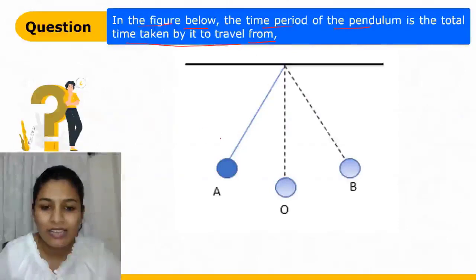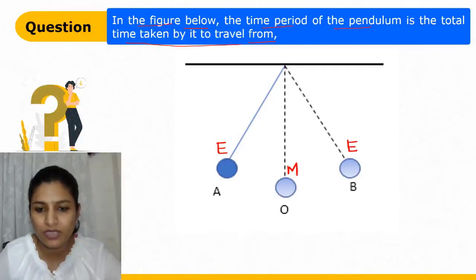Okay. So in the given question, as you can see on the screen, this position is known as extreme position. This is also an extreme position and this one is known as mean position.